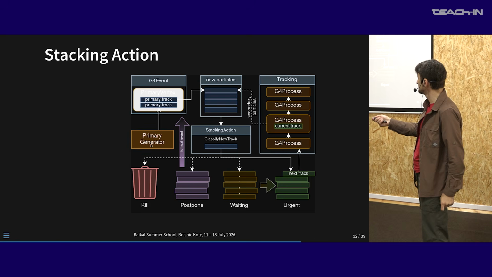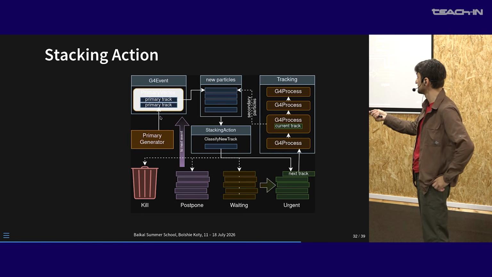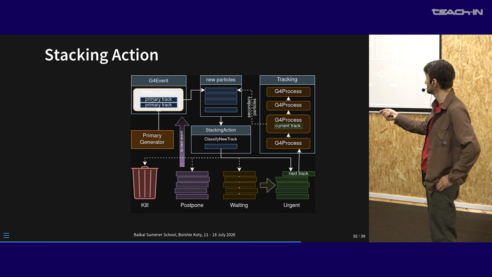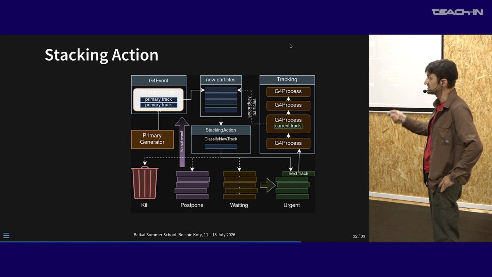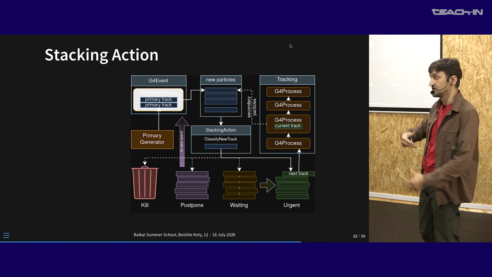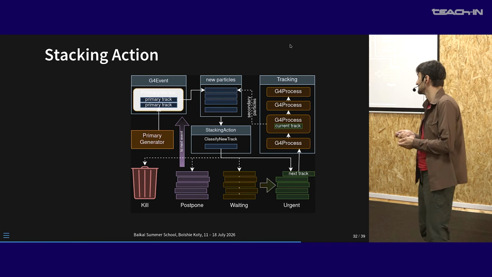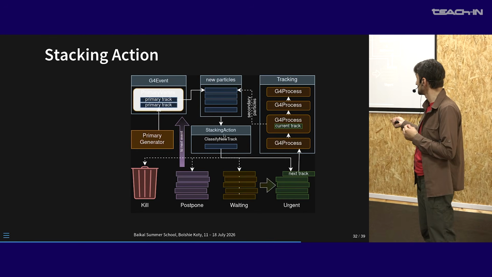A primary generator puts a primary vertex into the event and it contains the primary tracks. Then these primary tracks are taken into the list of the new particles, and each of these new particles has to be classified. We have to decide what we should do with it. That's where this stacking action goes.